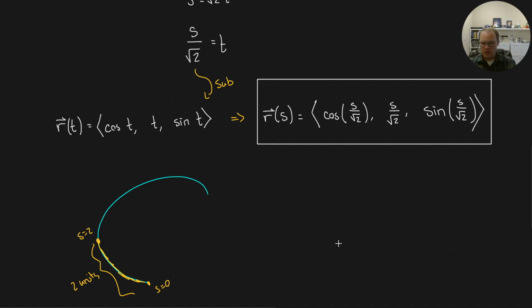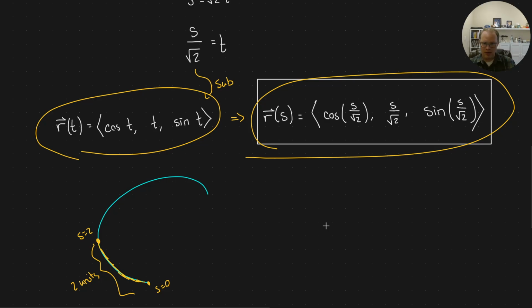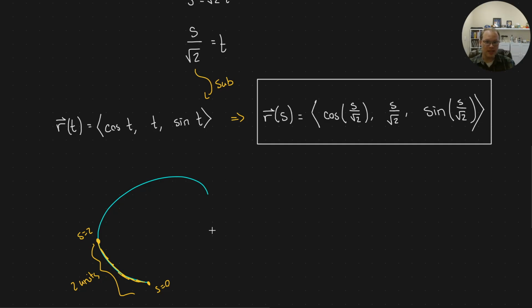You'll notice, which one would you rather work with? Which one do the numbers look better in? Well, definitely in the first one, right? The second one, and this was a pretty easy arc length parameterization problem, but in this one, we have these root 2's all over the place. That makes things a lot nastier to work with, right?